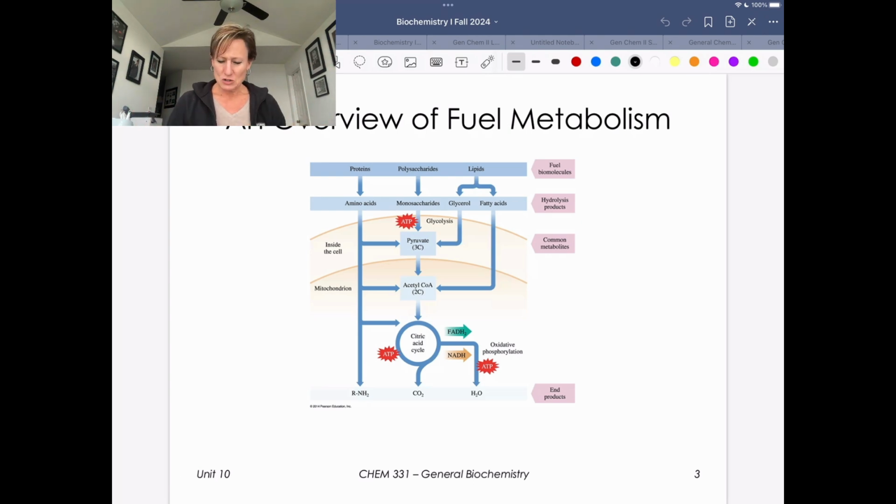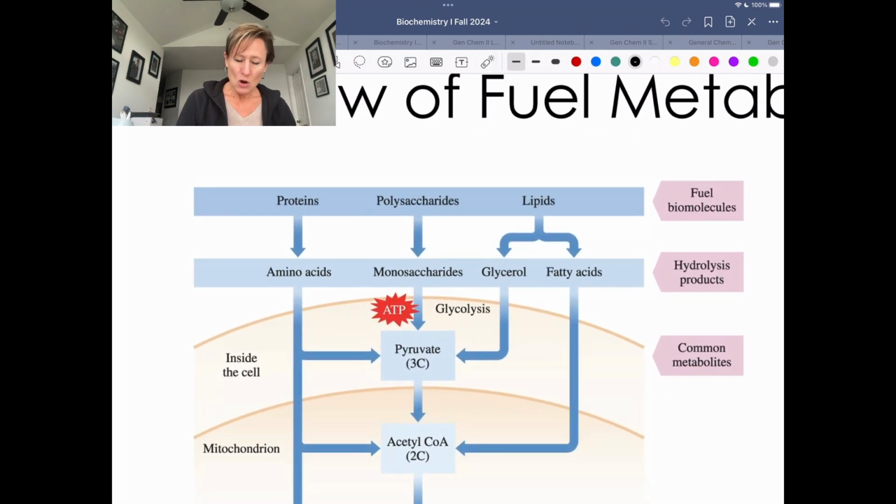So just big picture, to start all the way up here at the top, we learned about 4 biological molecules, and 3 of them were polymers, right? We learned about proteins, which are polymers of amino acids hooked together by peptide bonds. We learned about carbohydrates, which are polymers of monosaccharides hooked together by glycosidic bonds.